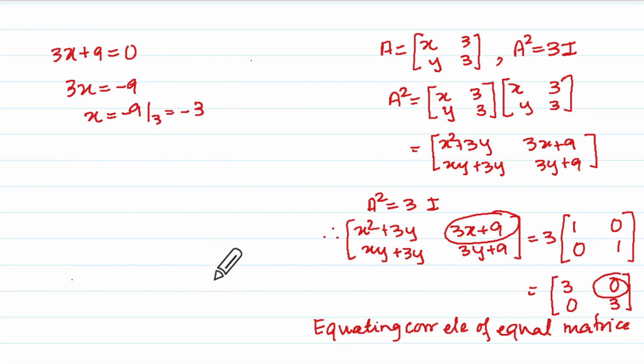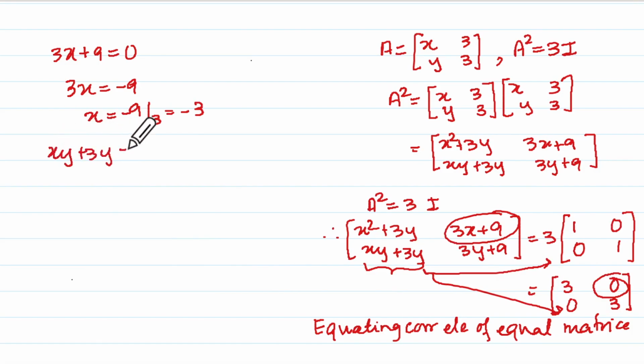Now what else can I look at? I can take this, 3y plus 9. The second statement will be xy plus 3y equal to 0. So minus 3 into y plus 3y equal to 0, means minus 3y plus 3y.